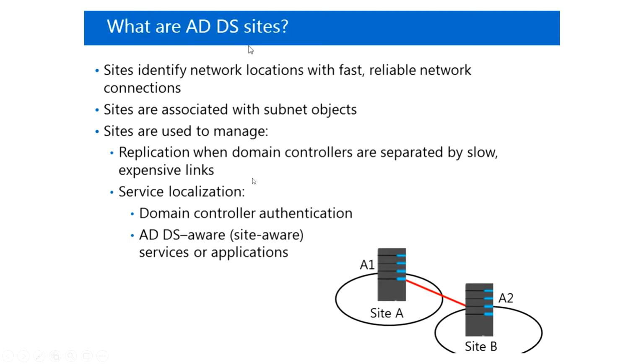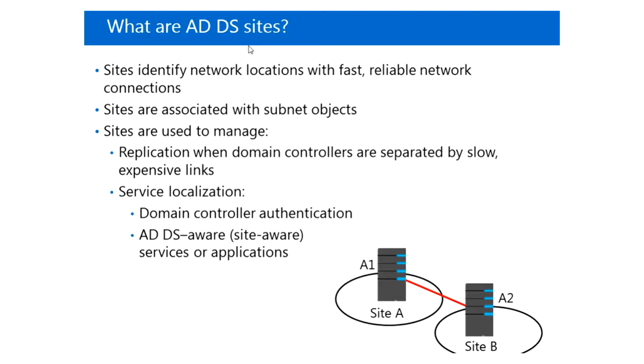And sites are used to manage replication when domain controllers are separated by a slow and expensive link. Let's say there are multiple sites and you have a domain controller in each site.